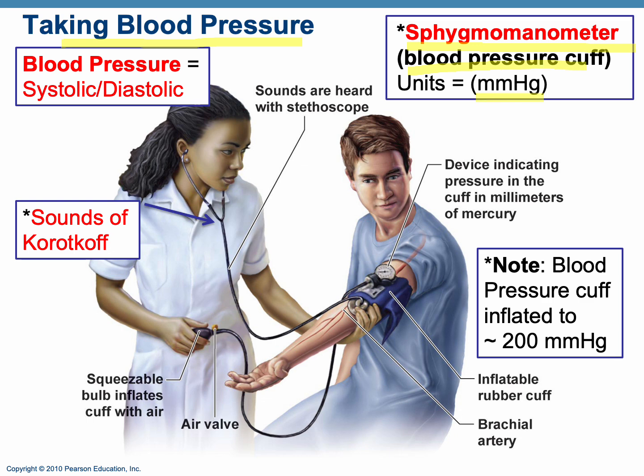So units again for pressure, millimeters of mercury for the sphygmomanometer, and you'll be using a stethoscope. You'll place the blood pressure cuff above the elbow here. You'll have the stethoscope, you'll see the pieces that go into your ears there.